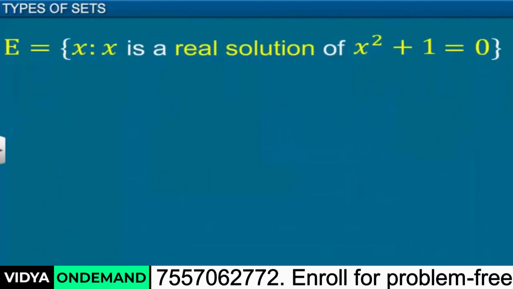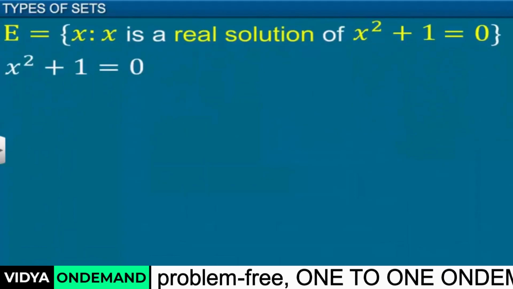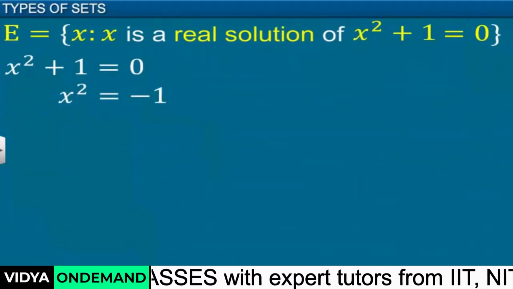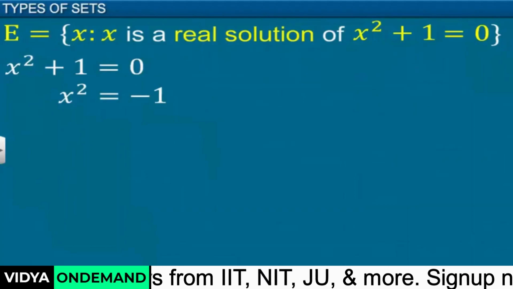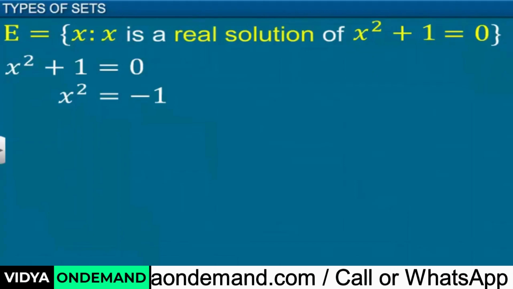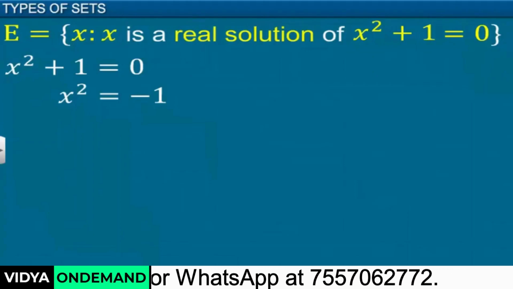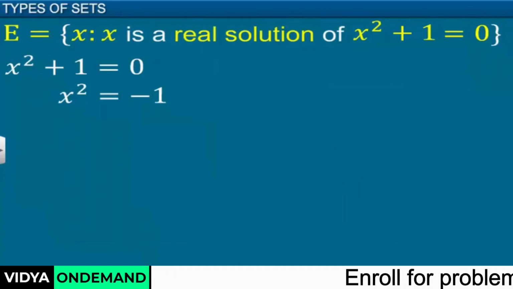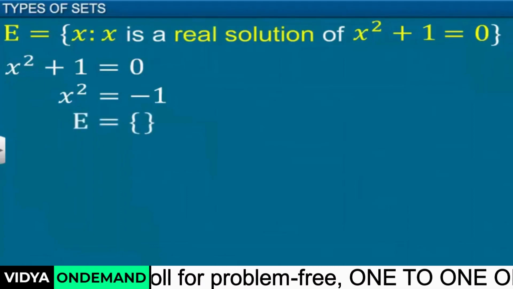Let's find the real roots of this equation. As we can see, the square root of a negative number does not exist in real numbers, and hence, there is no existing real solution. Therefore, there are no elements in this set.